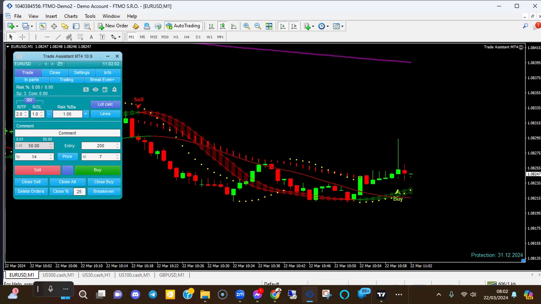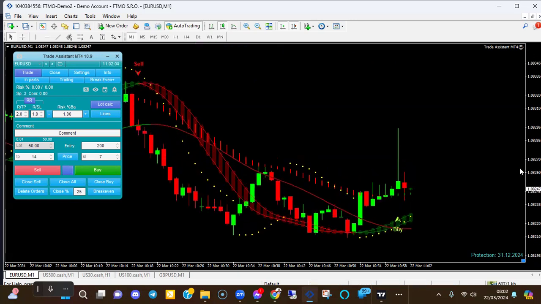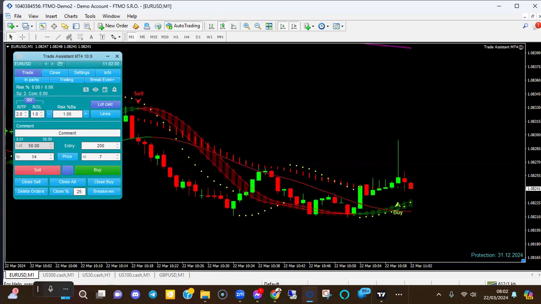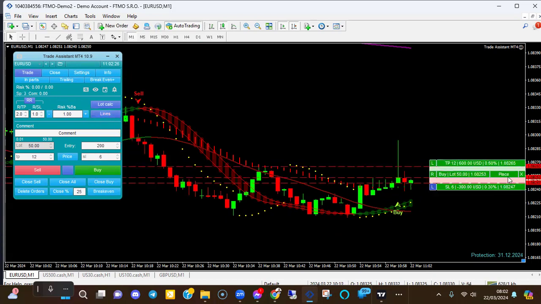So the trend line would have saved us from getting into the trade. Things happened all rather quickly. I shouldn't have checked that I was recording. But yeah, the trend line is still protecting us, so I can put my line back on.